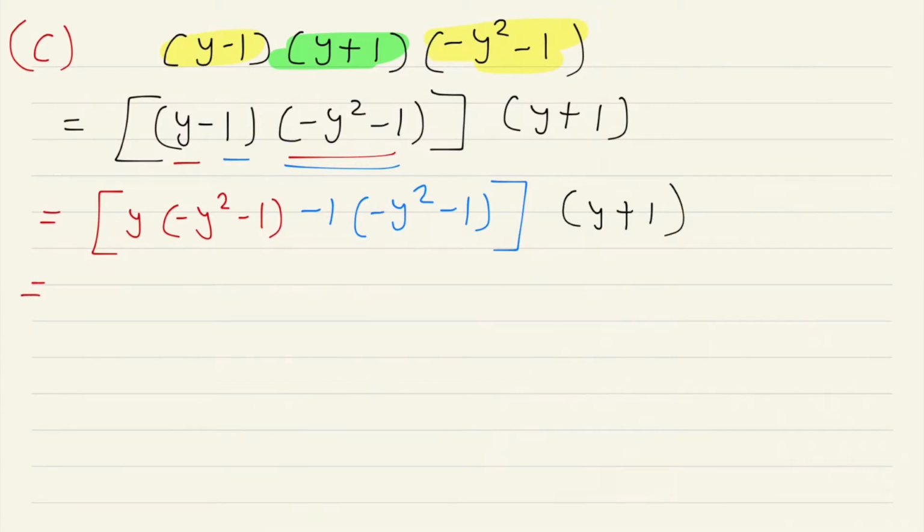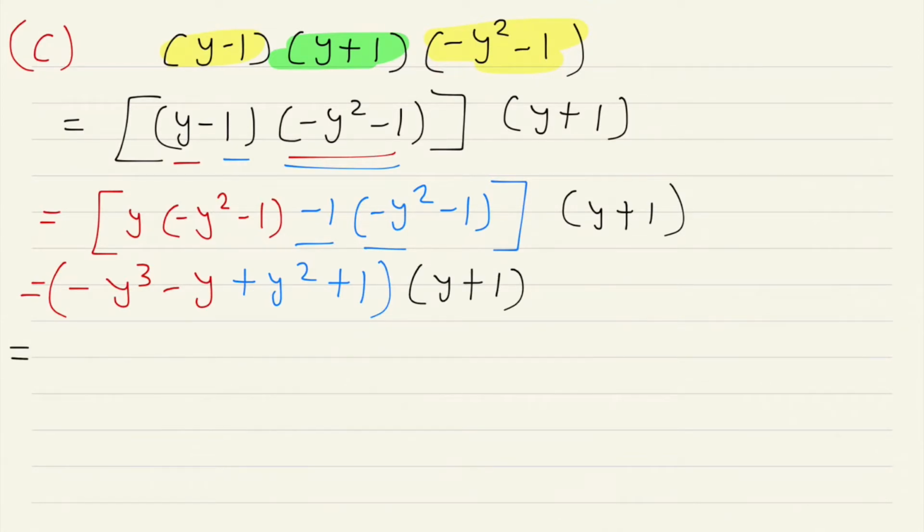So that's y times negative y squared, so minus y cubed, y times negative 1, so that's minus y, then minus 1 times minus y squared, so that's positive y squared, and minus 1 times minus 1, so that's positive 1, times y plus 1. So again, we will multiply term by term from the first expression by the second expression.